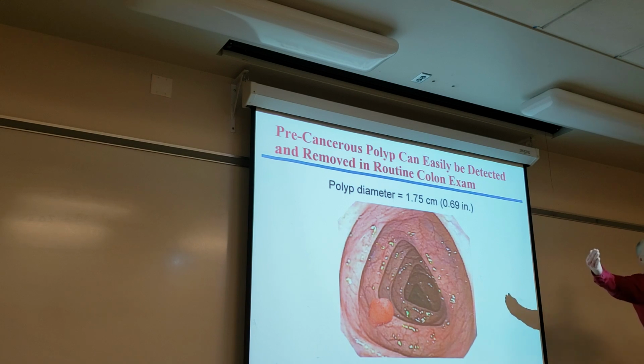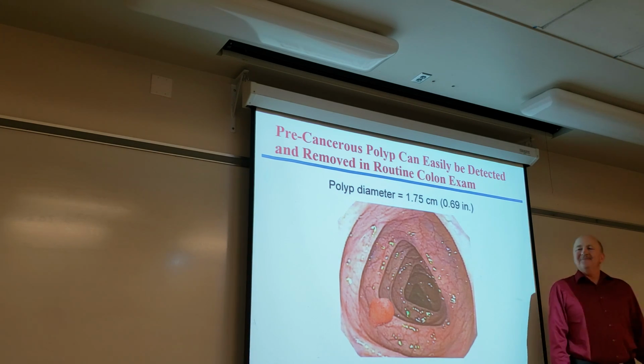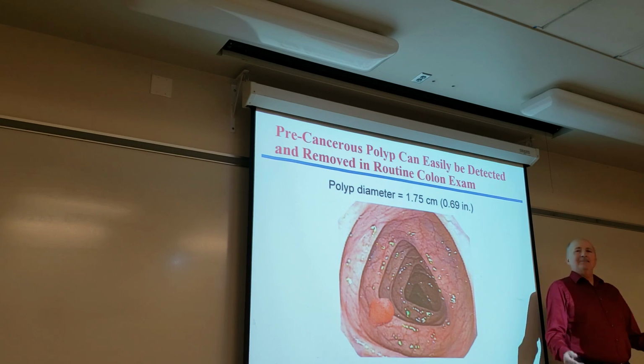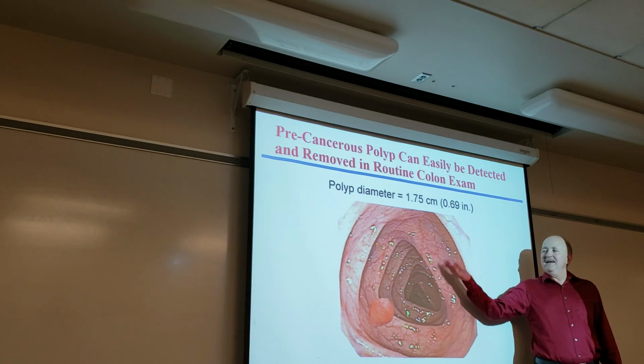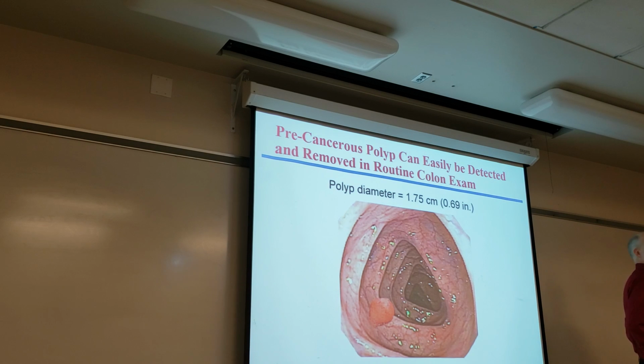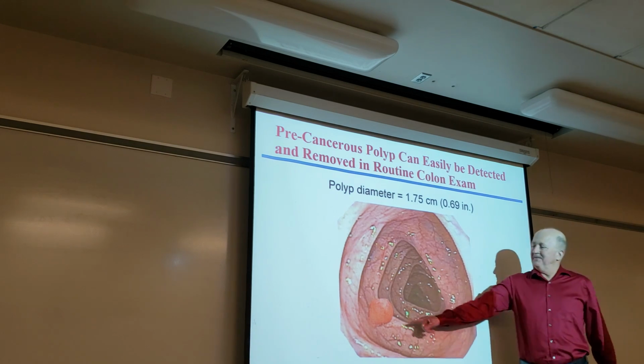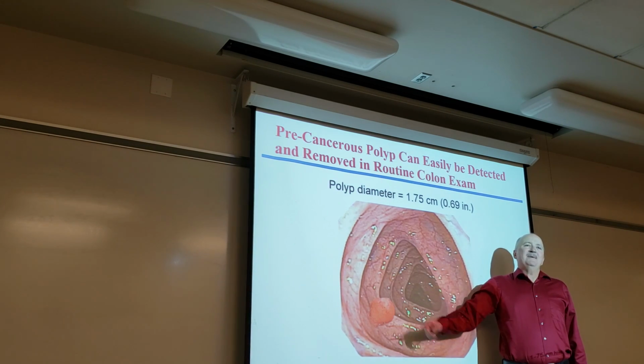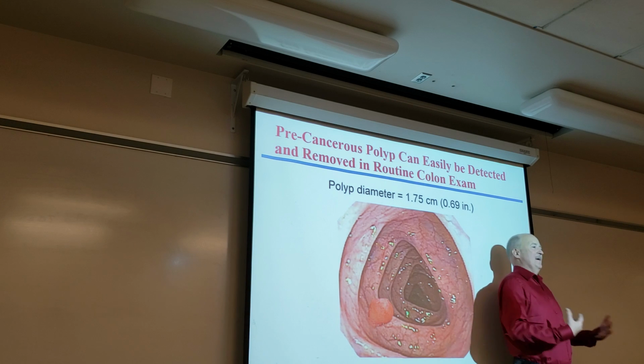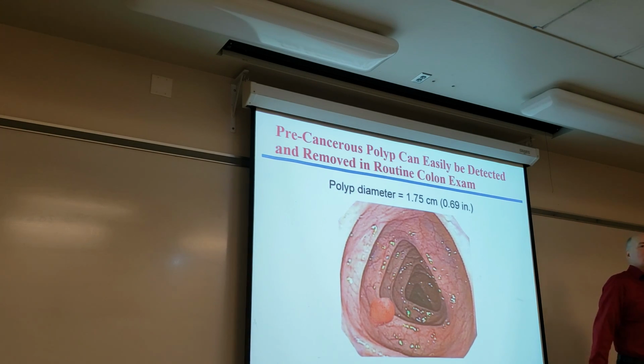And so it takes about that much of this piping that's very flexible to snake all the way around through the large intestine. And it has a camera. So some technician, that's his job every day, is to look at this kind of thing. Lovely. And it also has a tool where they can remove stuff like this, so they can bring specimens out without having to do a big, major surgery.